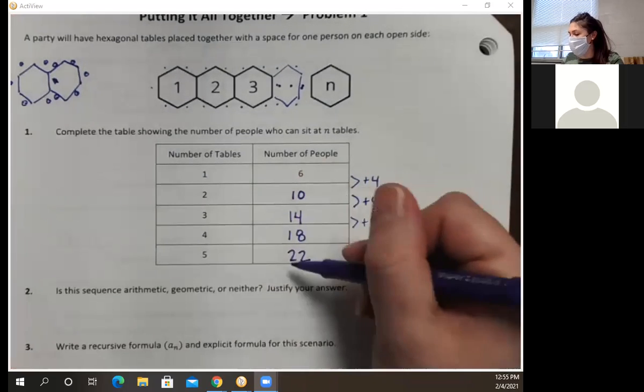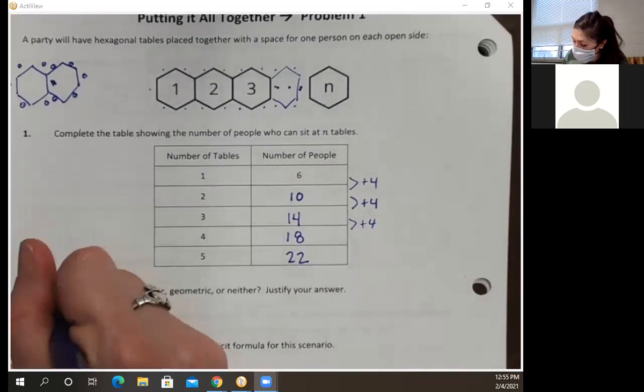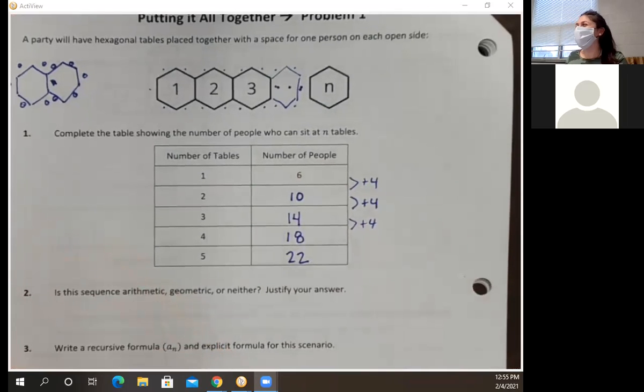So what type of sequence would this be? Why arithmetic? That's okay. Because we're adding the same amount each time.